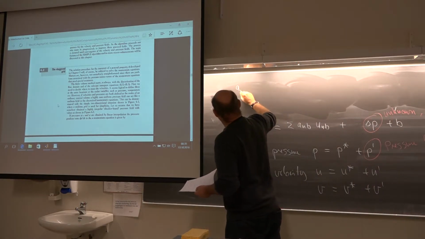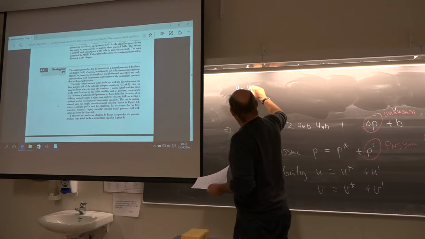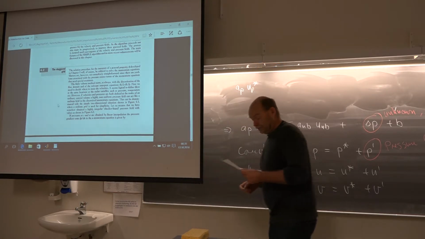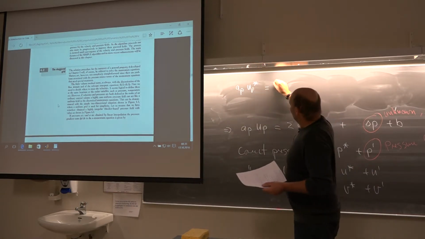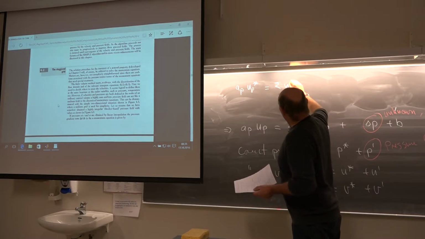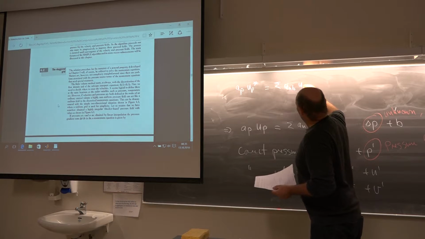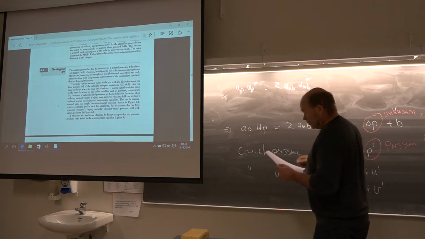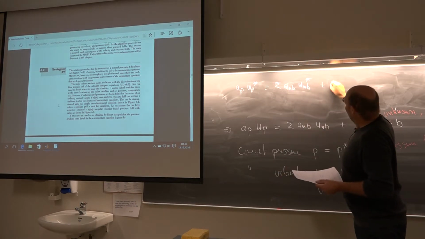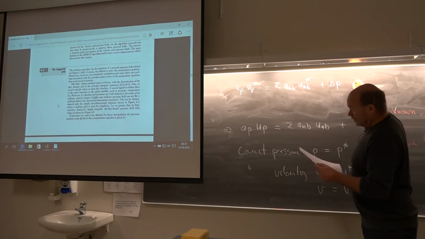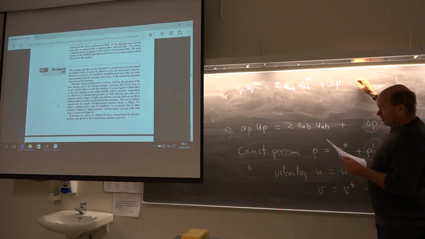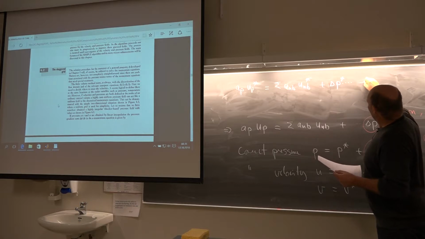And we can solve this one. A_P U_P star equals sum of the neighbors, A neighbor, U neighbor star, and then we will have this delta P star, and then plus B.